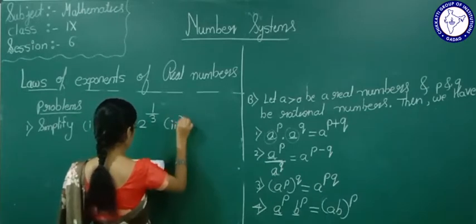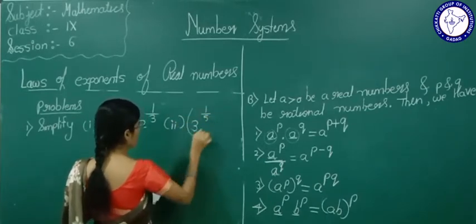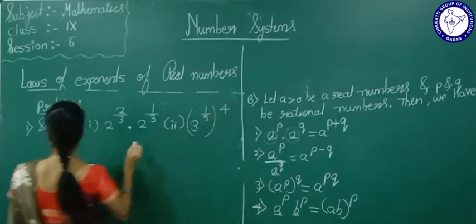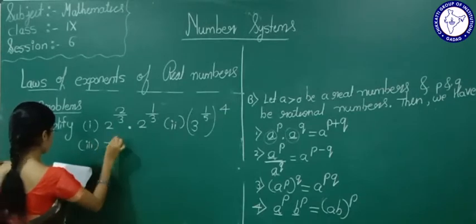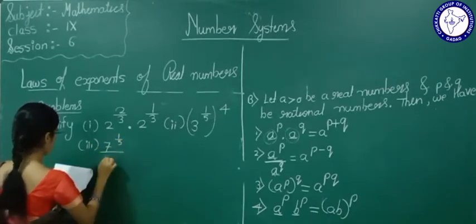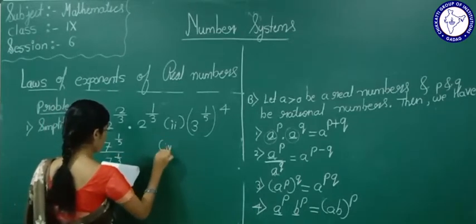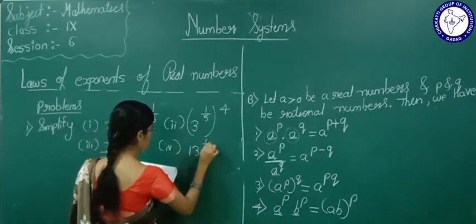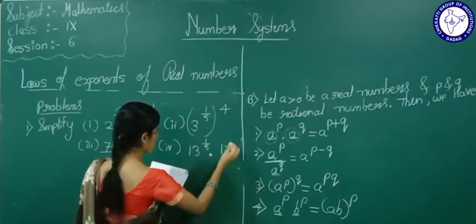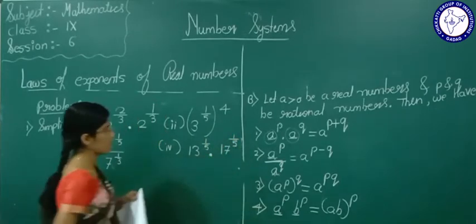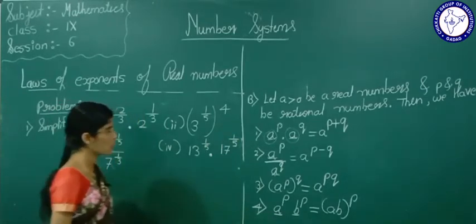Second one, (3 raised to 1/5) raised to 4. Third one, 7 raised to 1/5 divided by 7 raised to 1/3. Fourth one, 13 raised to 1/5 into 17 raised to 1/5. Using the laws of exponents of real numbers, we will solve this.